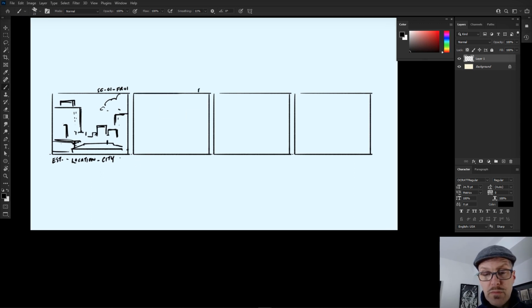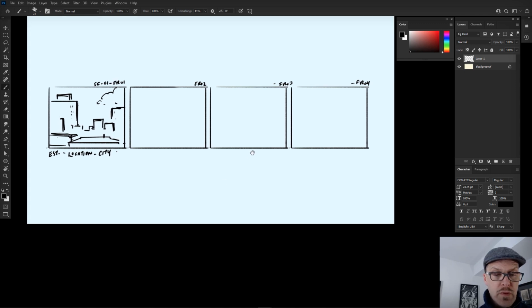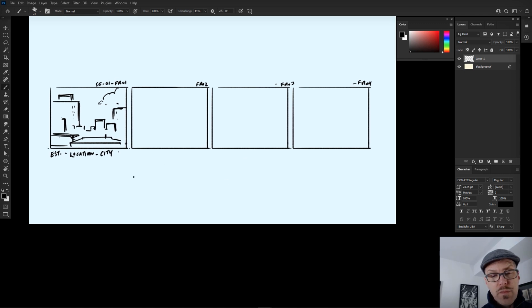Then frame 2, we'll do frame 3, and frame 4. Okay. So from here, let's just say we'll do a real basic hero's journey kind of thing. And say we get this character coming into the frame.